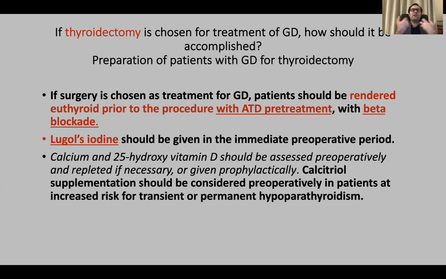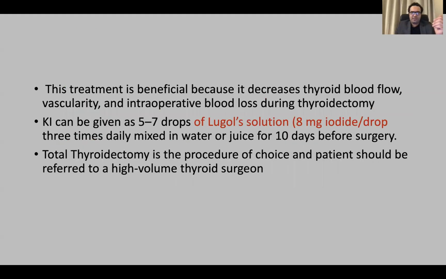And also because thyroid nikal raha hai toh saath mein parathyroid ke nikalne ka bhi chance hai. That's why calcium and vitamin D should be replaced. So Lugol is not only beneficial for making the patient euthyroid, but also woh vascularity ko kam karega. It will decrease the blood flow and intraoperative blood loss bhi kam hoga.